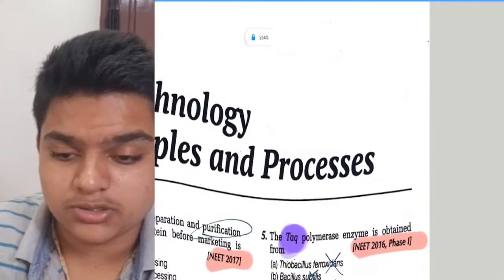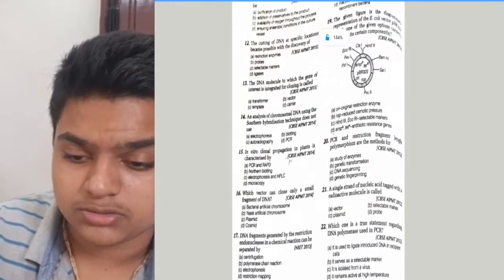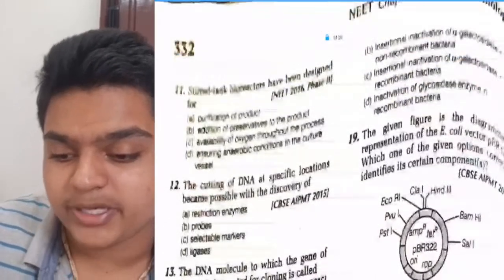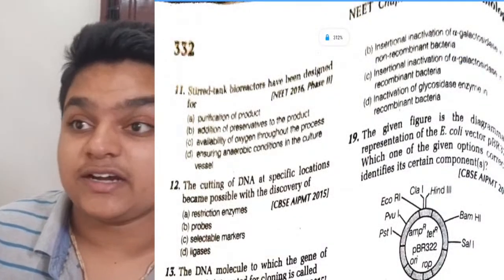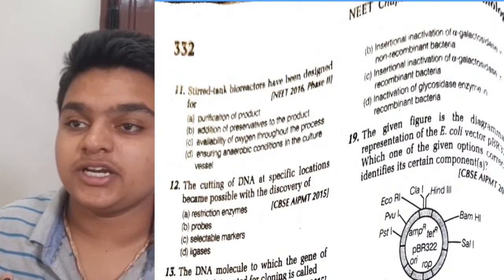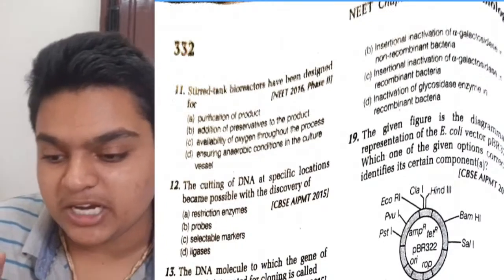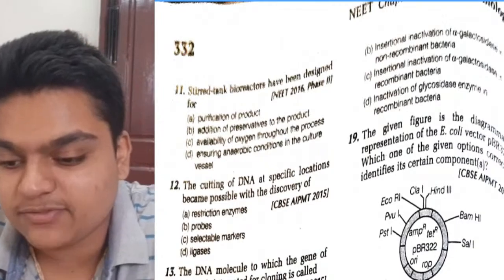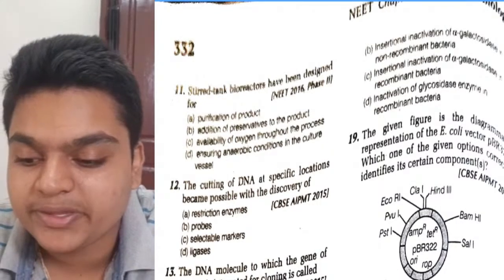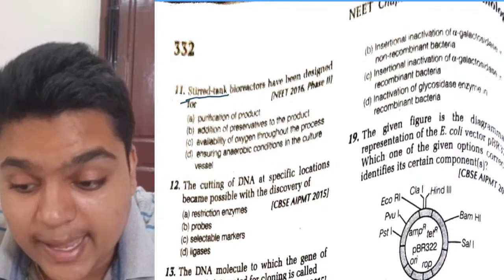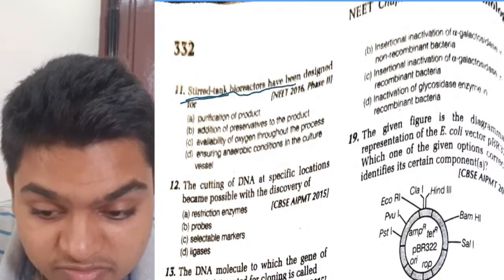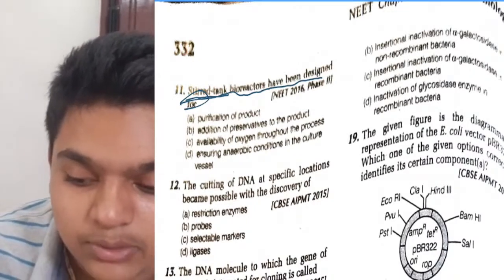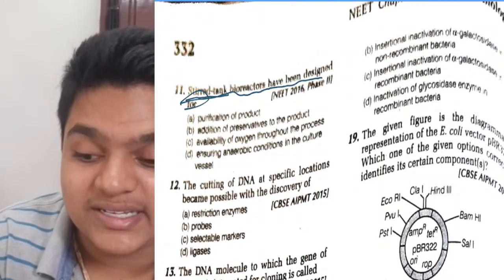Now let us move on to the next page without any further ado. This one again might be a little tough question if you haven't studied your NCERT. I'll read the question for you since it is a little blurry. Stirred tank bioreactors have been designed for.